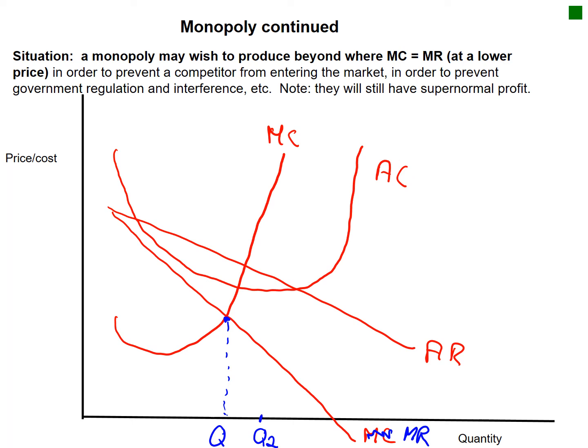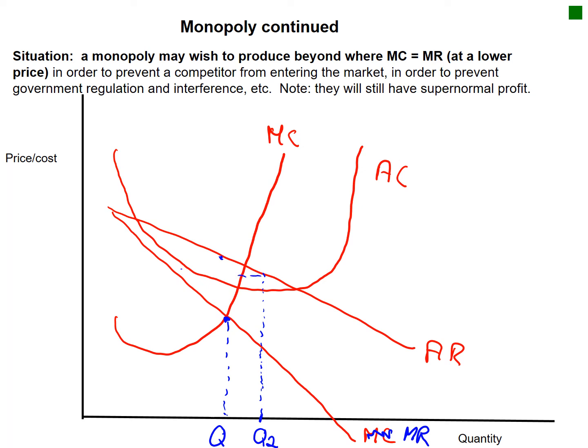So we're producing more and we're producing at a lower price. I'll show you why in a minute. If we were producing at the profit maximizing point, if you can see where my cursor is, the little dot there, we would be producing at a higher price and a smaller quantity. So to get the government off our back or to appease consumers, we're producing more.